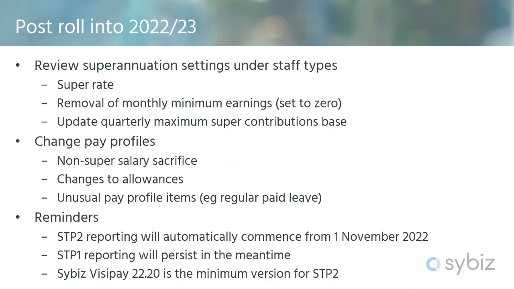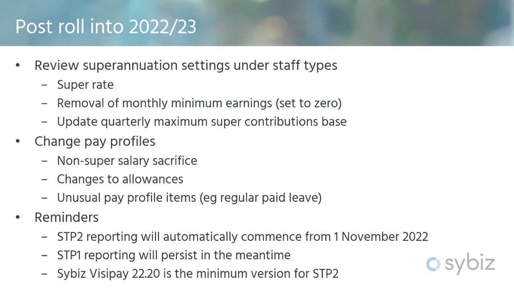So once you have rolled into 22-23, again, the reminder that there are changes on the super side of things. So run that custom report again, and it'll go through and let you know whether you've managed to update all your staff types accordingly for those new changes. Have a look at your pay profiles once you have rolled into 22-23, even though we are still reporting under STP1.